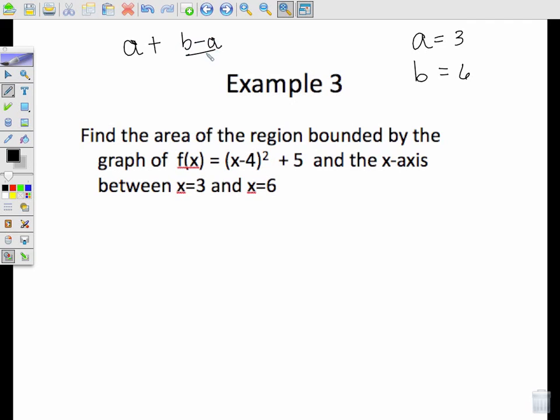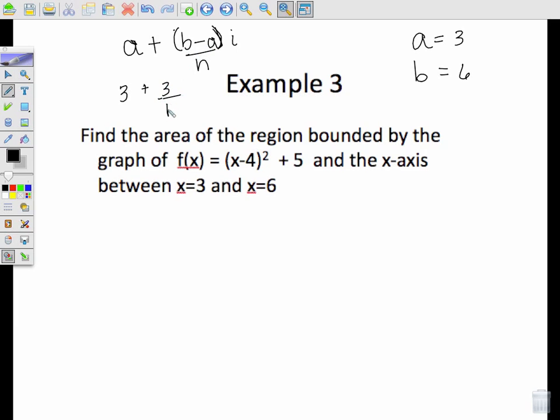So if I do a plus (b minus a) over n times i, then what it would look like is this.